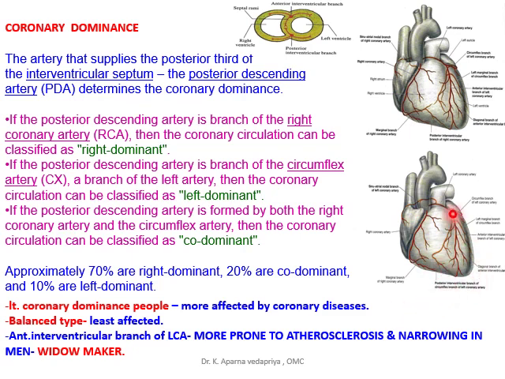Since the anterior interventricular branch of the left coronary artery is of larger caliber and has the longest course too, it is more prone to atherosclerosis and is found mostly in men. That is the reason this anterior interventricular artery is called the widowmaker.